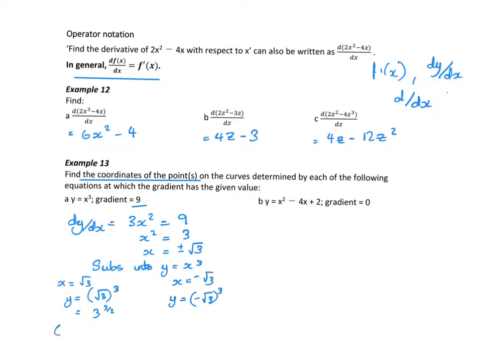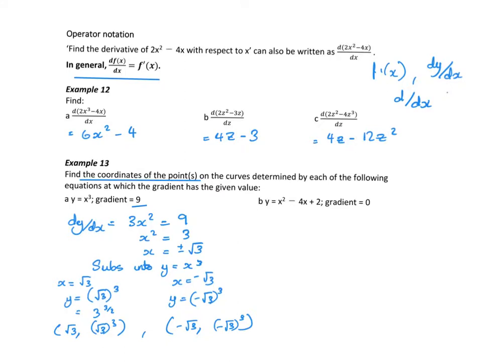So here, when x is equal to root 3, y is equal to, I'm going to write it like this, root 3 cubed, beg your pardon. And this one over here, the coordinate is when x is equal to minus root 3, the y value is minus root 3 all cubed. So that's that one.